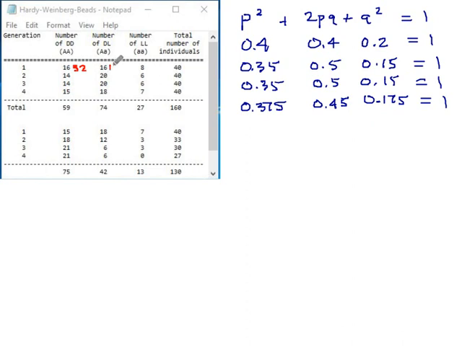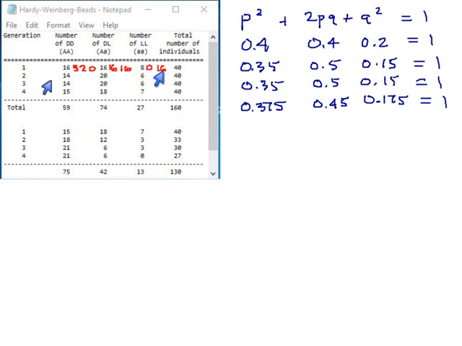These are heterozygous, so these 16 individuals would have 16 dominant alleles, like 16 dark beads, and 16 light beads. And these individuals over here would have no dominant alleles, but they would have 16 of the recessive ones. So the numbers here are 32 and 0 for this group, because they're 2 dark, no light. These are 1 dark, 1 light, and these 8 individuals are no dark, 2 light.